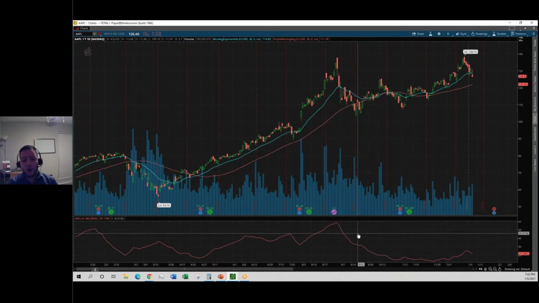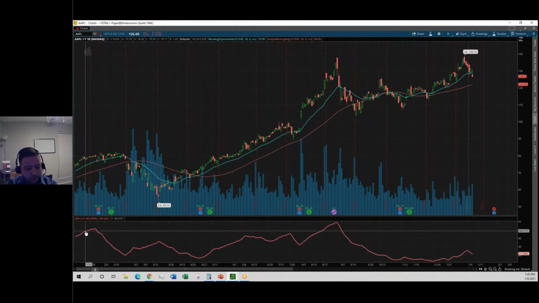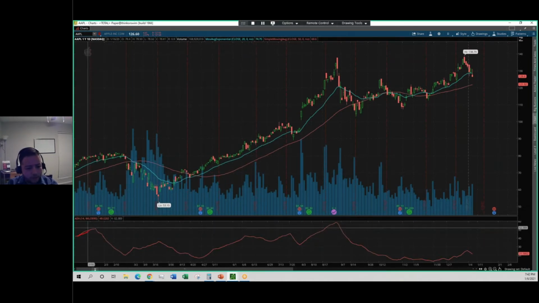So when you see the ADX moving upwards, it means the trend is strong. In this case, the trend was moving upwards, but if the trend is dropping, we can see an uptick on the ADX as well.